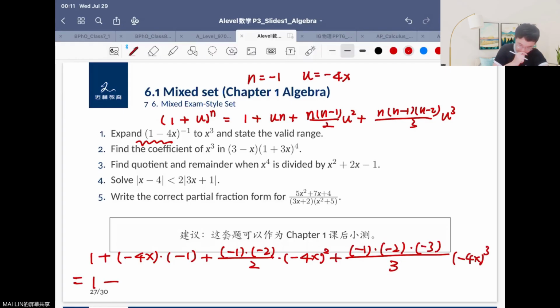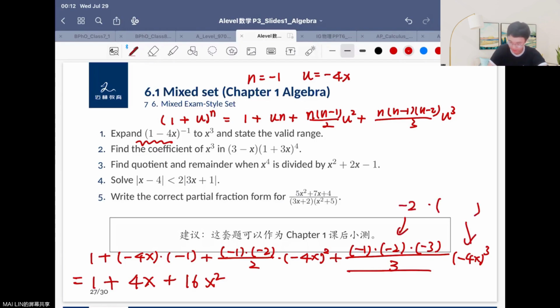So basically that's 1 plus 4x, plus 16x squared, and this term is plus 64x cubed, right? But that is for each term here, okay?